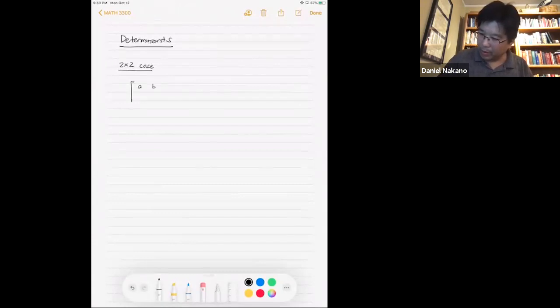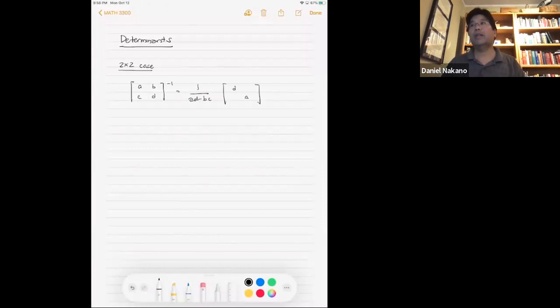So the inverse of the matrix A, B, C, D is equal to 1 over AD minus BC, times the matrix D, A, minus B, minus C. Remember, we flipped the D and the A, and then we negate the other two things. Okay, so that's the 2x2 situation.